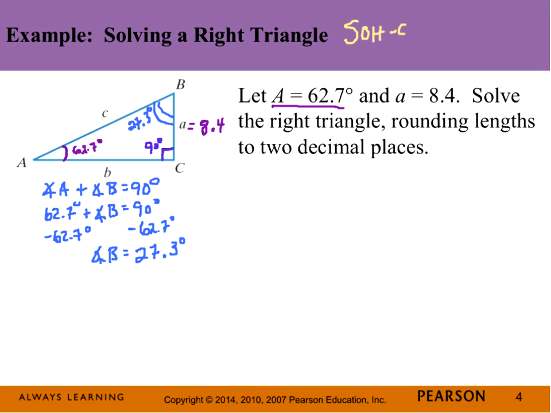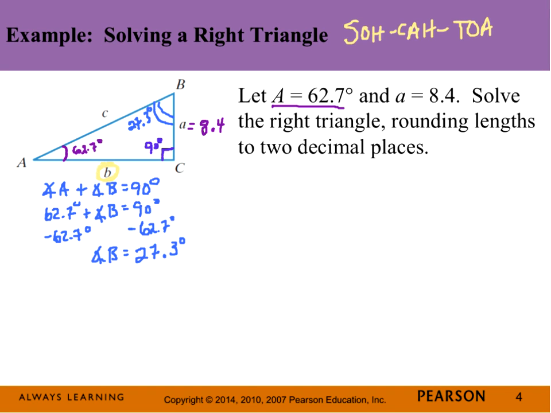We have SOH CAH TOA, which is sine is opposite over hypotenuse, cosine is adjacent over hypotenuse, and tangent is opposite over adjacent. And right now, if I look, I'm trying to get side b here.